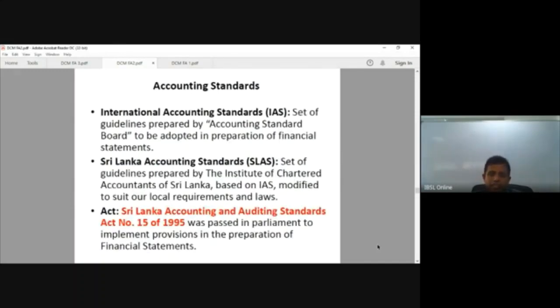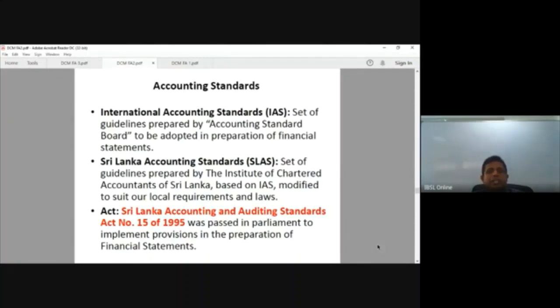Now, these are the accounting standards that we define to have a proper preparation of financial statements. All accountants should follow these accounting standards. The International Accounting Standards are a set of guidelines prepared by the International Accounting Standards Board, especially when it comes to the preparation and presentation of financial statements of foreign entities as well.